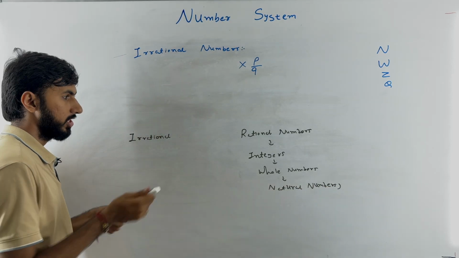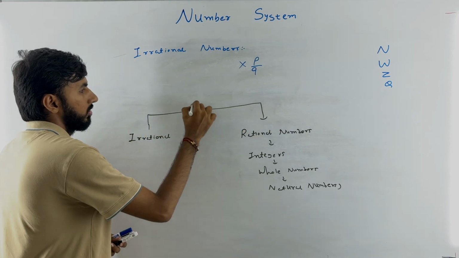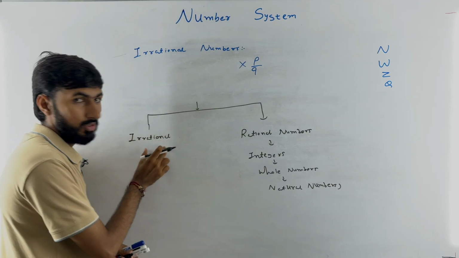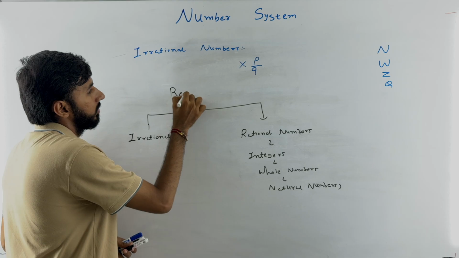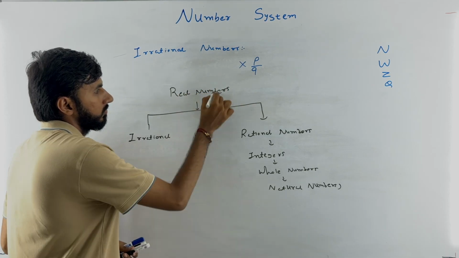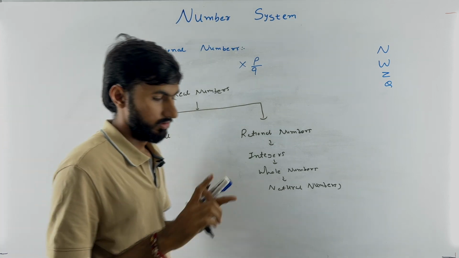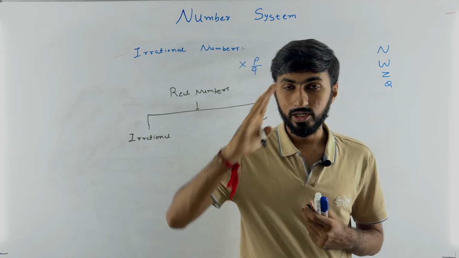Now, if I combine all these numbers together, I can say it another way: if I combine all the irrational numbers and all the rational numbers together, I will get real numbers. What is it? Real numbers. Real numbers mean the combination of all the rational and irrational numbers.